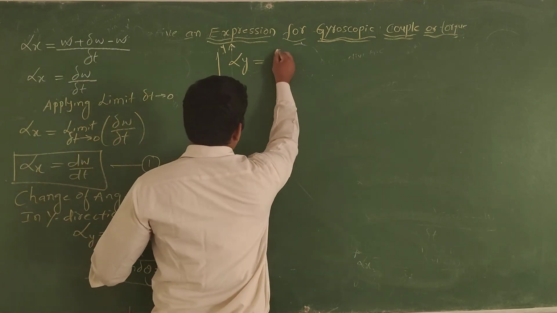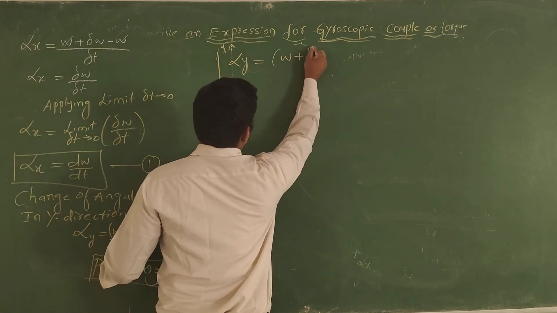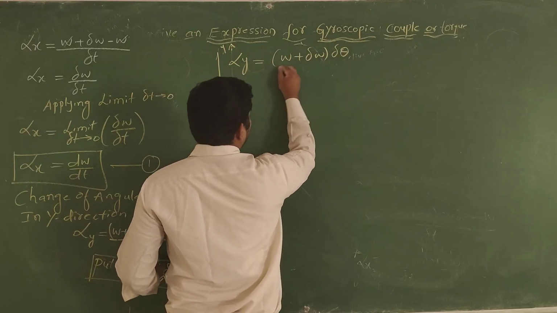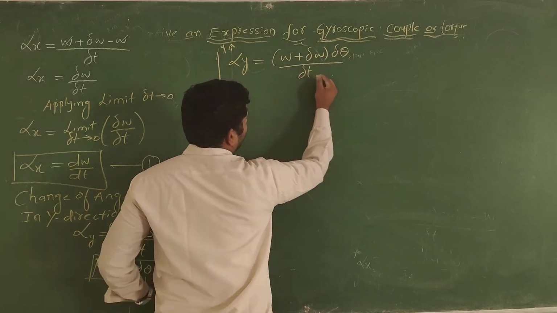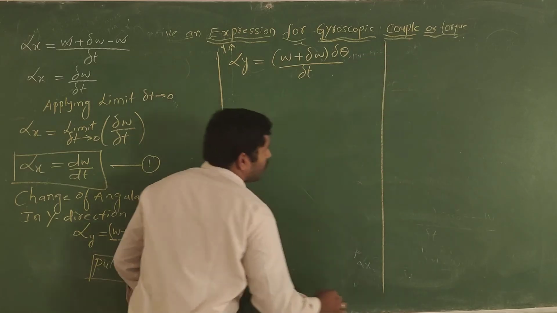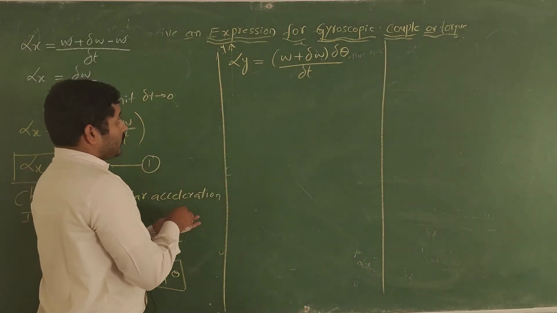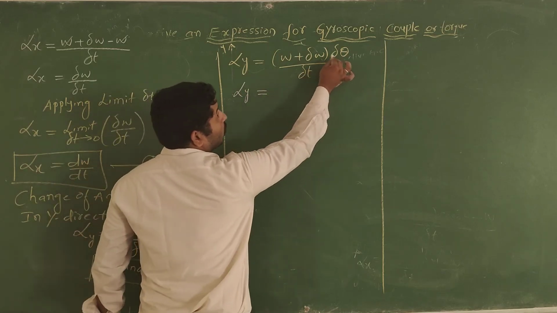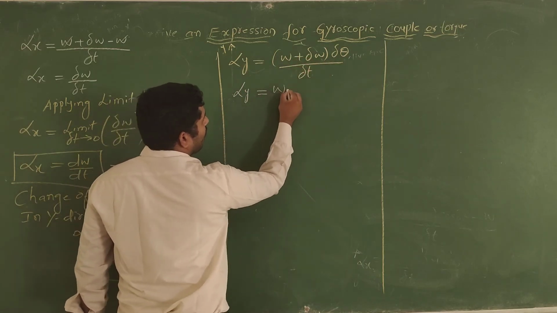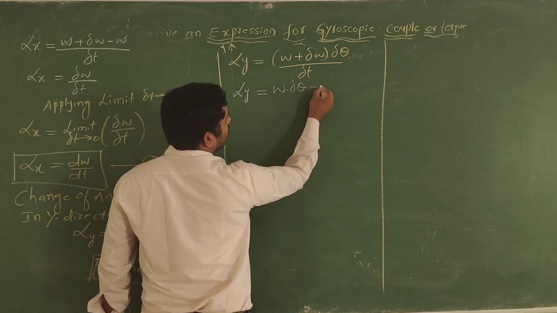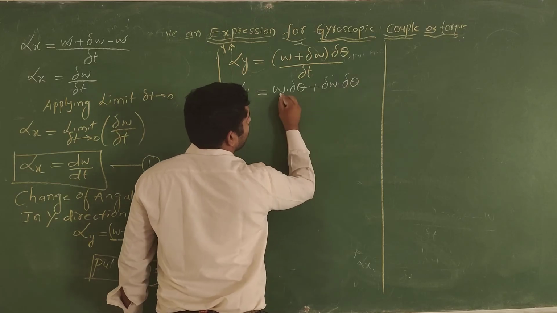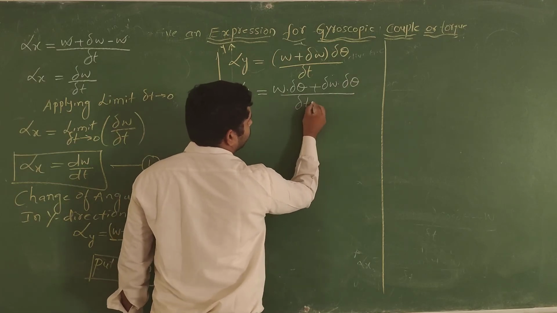Then here, omega plus delta omega into delta theta with respect to time. Okay dear, then alpha y equal to omega into delta theta plus delta omega into delta theta with respect to time.